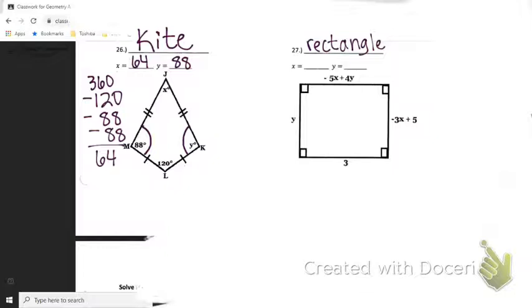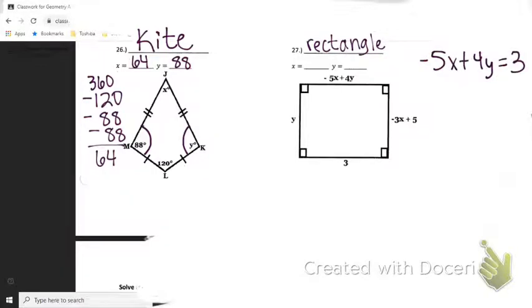We know it's a rectangle, it's a parallelogram, therefore opposite sides do need to be congruent to each other. That means that negative 5x plus 4y needs to equal 3.